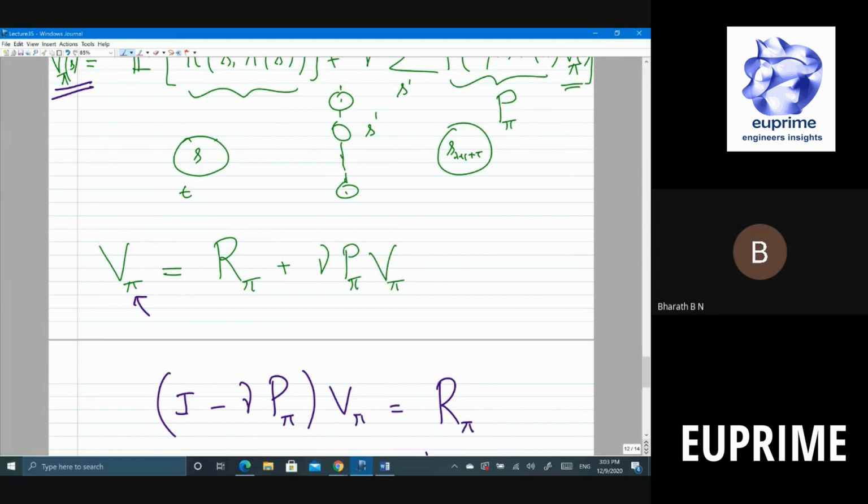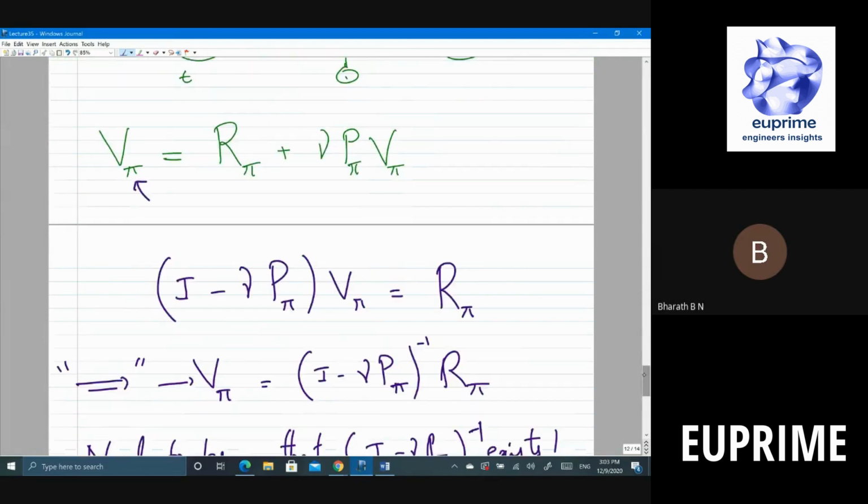Okay, so this is the iteration that we got. In fact, a slight variant of this is called the Bellman equation. That's what we will look at today. Is that fine? Everything fine, right?